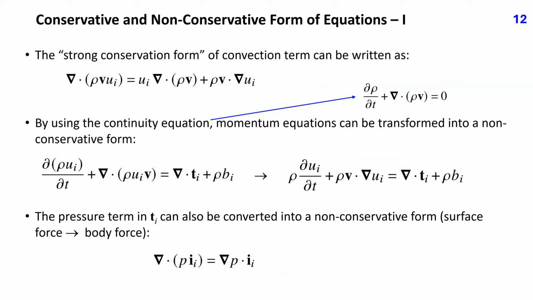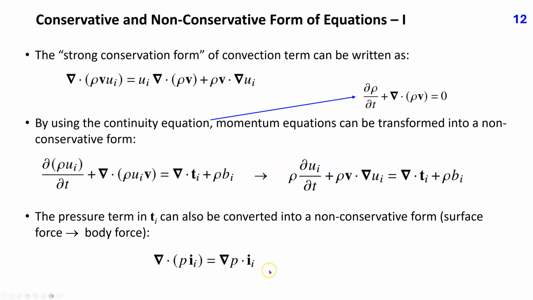Thus, the conservative form of the momentum equation for velocity component ui can be transformed into the non-conservative form given by this equation. The conservative form of pressure term, which is here embedded in the vector Ti, can be expressed in a non-conservative form as a dot product of the pressure gradient and Cartesian base vector Ii, which gives the pressure derivative in xi direction.